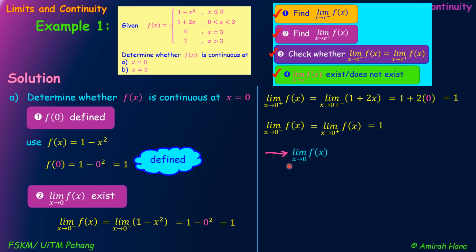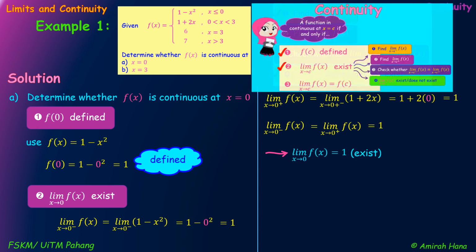So we can conclude that the limit as x approaches 0 of f(x), no right or left here, equals 1, which exists. We pass condition number 2. The limit as x approaches 0 of f(x) equals 1, which exists.